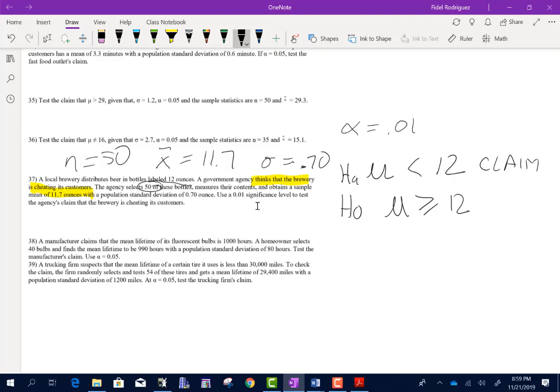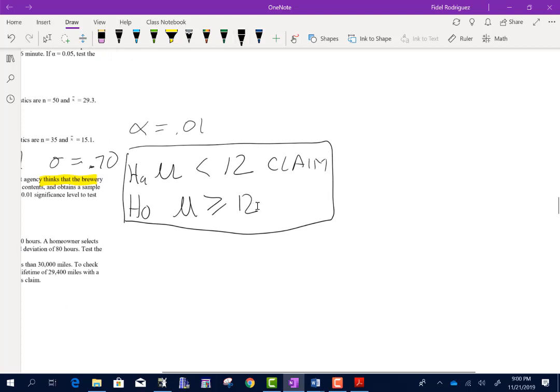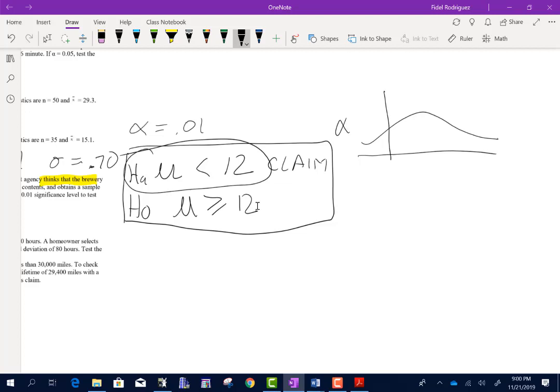Okay. All right. So now, guys, I'm just going to write over here on the side. Okay, so let's think about this for a minute. Look at my HA. Left tail, right tail, two tail test. Left tail test, okay? So look, my alpha here, 0.01. Guys, could we find that critical value ZC? Kind of like what we did on the quiz on Tuesday night and what we did today.